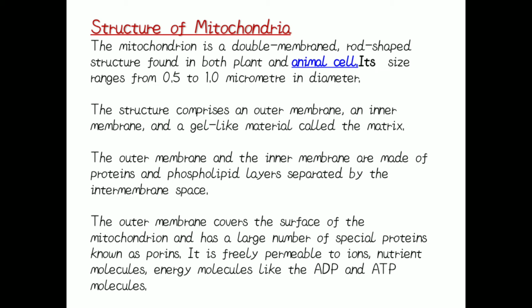The outer membrane covers the surface of the mitochondrion and has a large number of special proteins known as porins, and these porins are freely permeable to ions, nutrient molecules, and energy molecules like ADP and ATP. So I'll show the presence of porins on the surface of mitochondria.